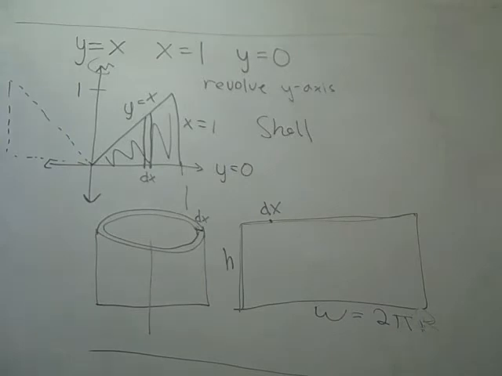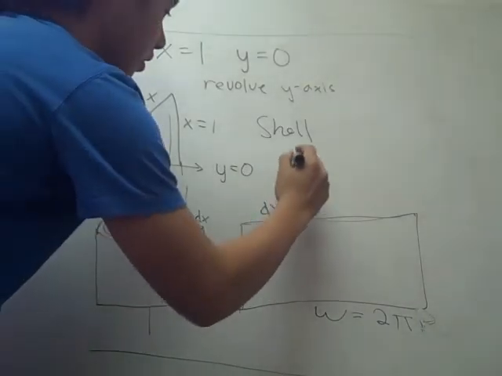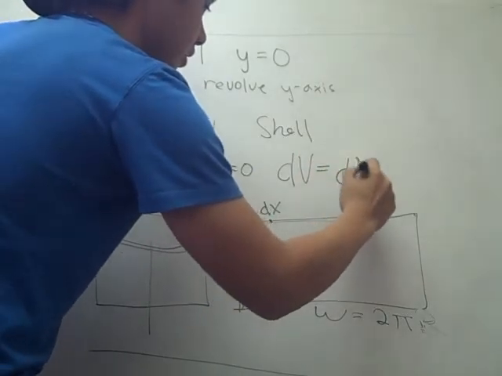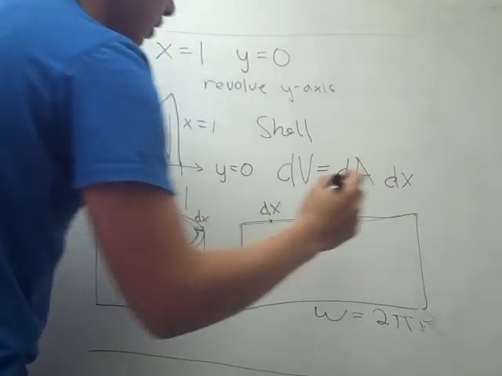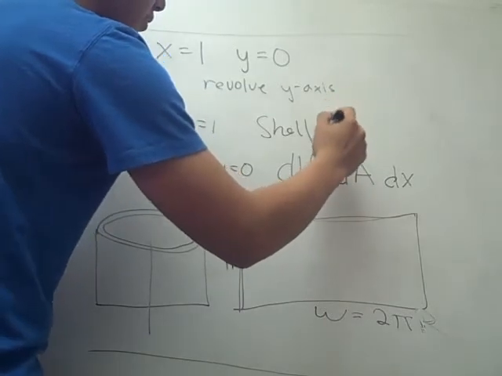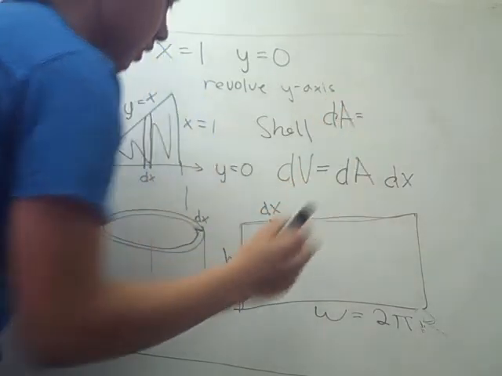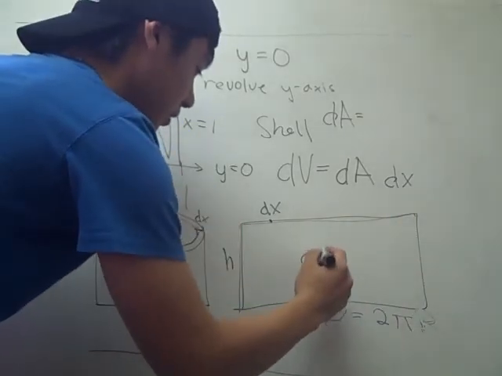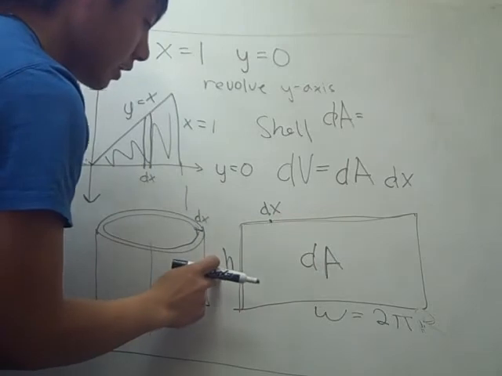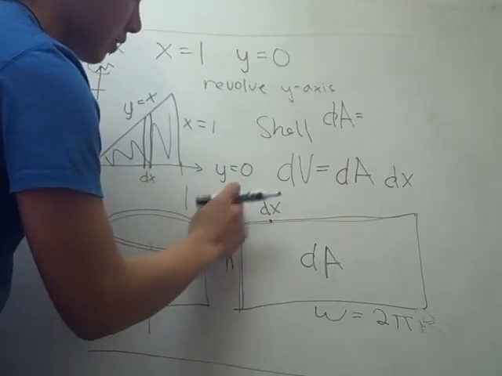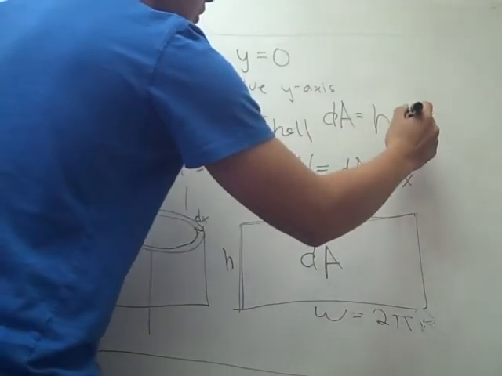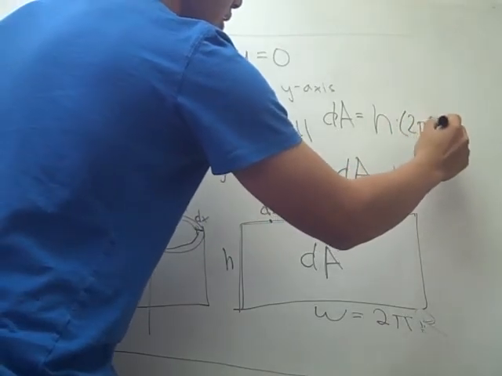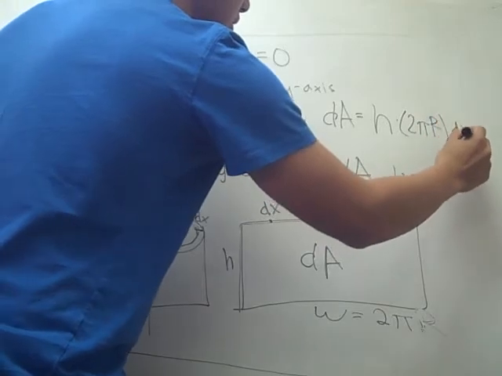So our formula for the change in volume would be the change in area times the thickness, which is dx. And the area for this piece of paper that we've made is height times width times dx. So it's height times width, which is 2 pi r, and dx.